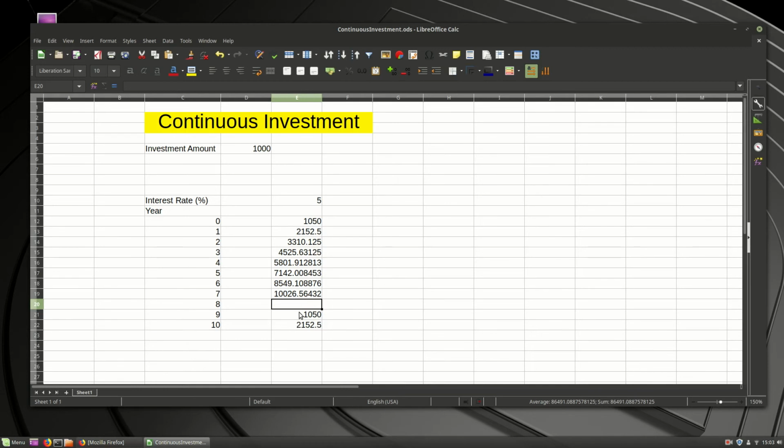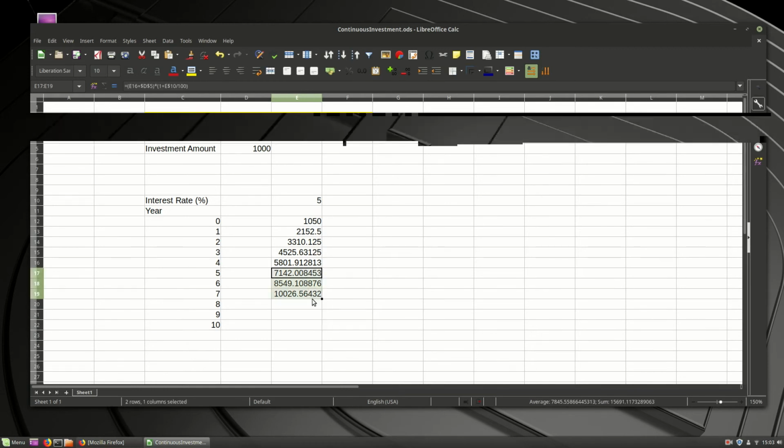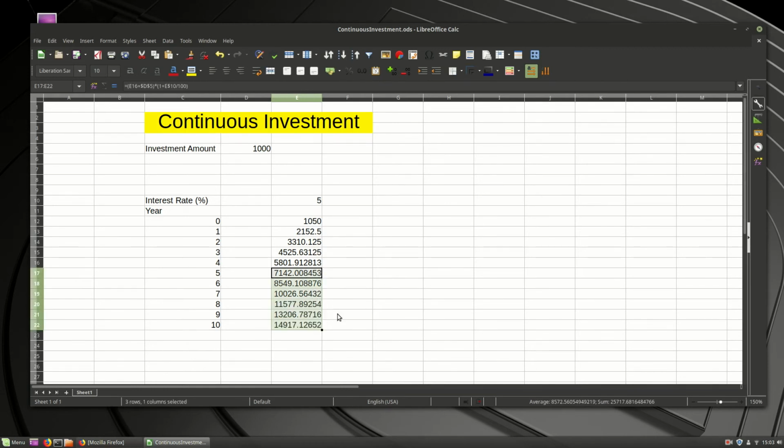So we'll delete these guys. We'll start from here. Okay, that's more realistic. So sometimes when you drag and drop, you run into problems. But the point is, you've invested, I guess, $11,000 and it's turned into 15 at 5% interest.